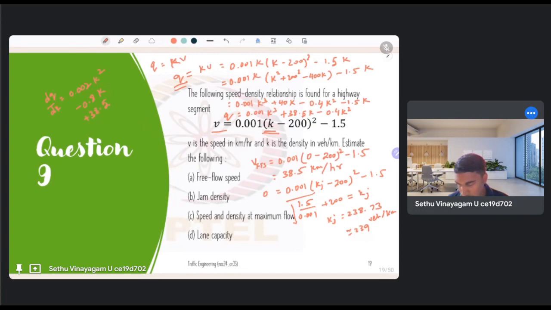Okay, so if we equate that to 0 and then solve for this, so this one equal to 0. Okay, so let's solve that. So what would be k?